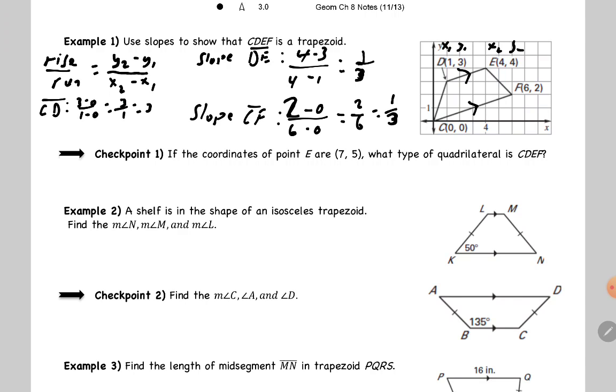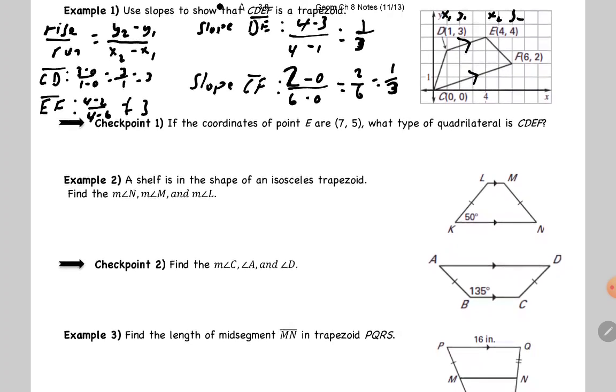And the slope of EF would be 4 minus 2 over 4 minus 6, which is not equal to 3. So therefore, they're not parallel.